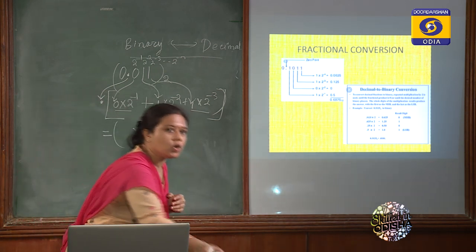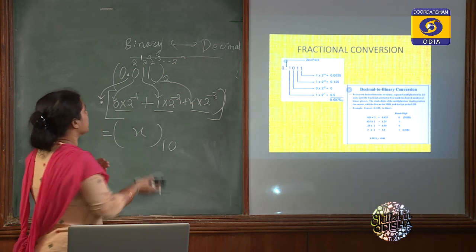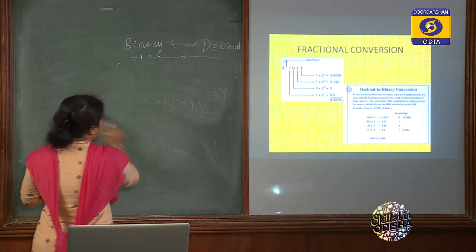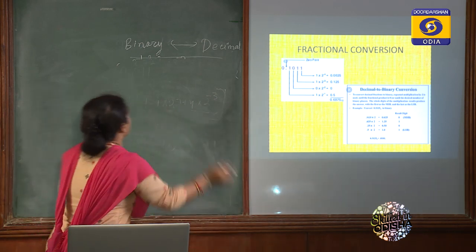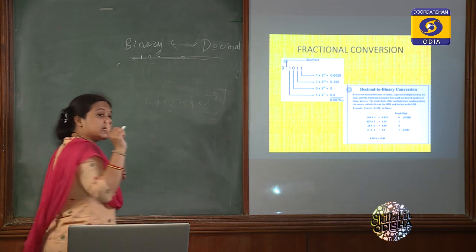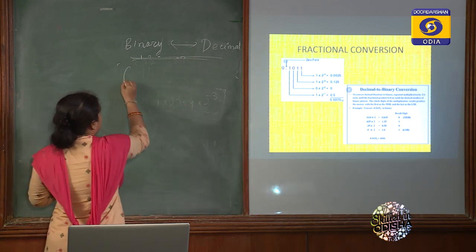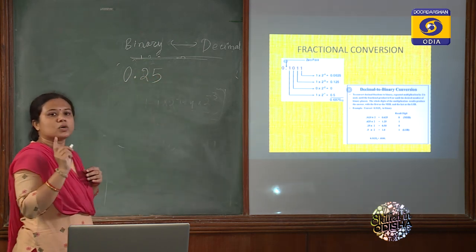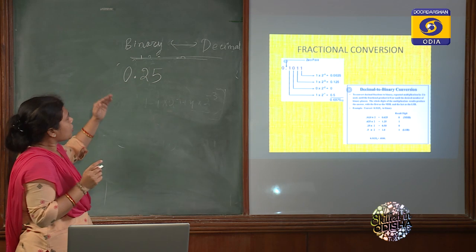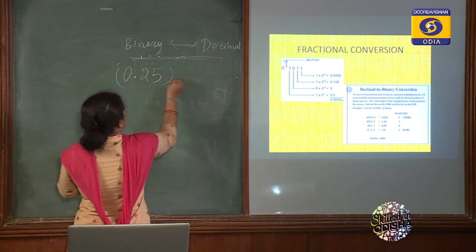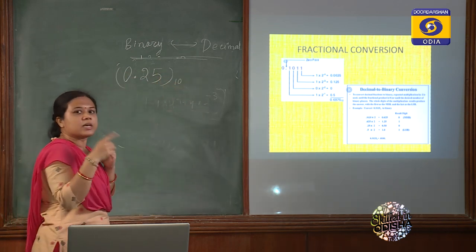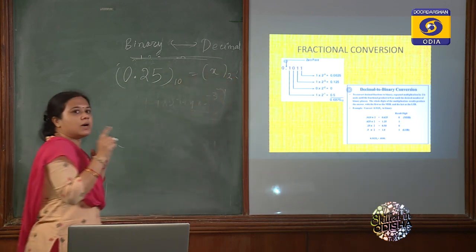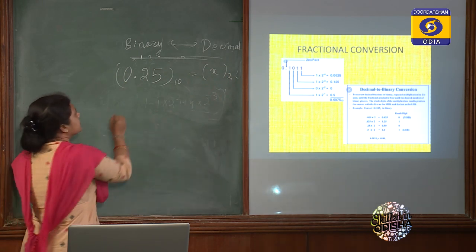Similarly, we go for decimal to binary conversion. Suppose I take one example, the point 0.25. Here I have to convert this decimal, base 10, into binary, base 2. So I multiply the digits by 2. Now I get 0.50. The 0 is separated. Then again I multiply this term by 2, and now it is 1.00.